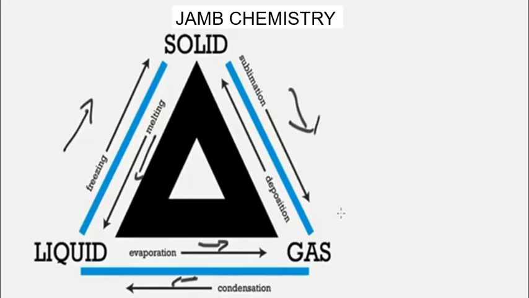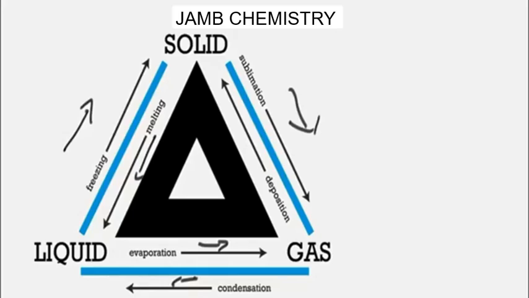One more thing is you have to be able to predict the state of a substance. You might be asked to predict what state a substance is in at a certain temperature. Note that if the temperature is below the melting point of a substance, it will be a solid.